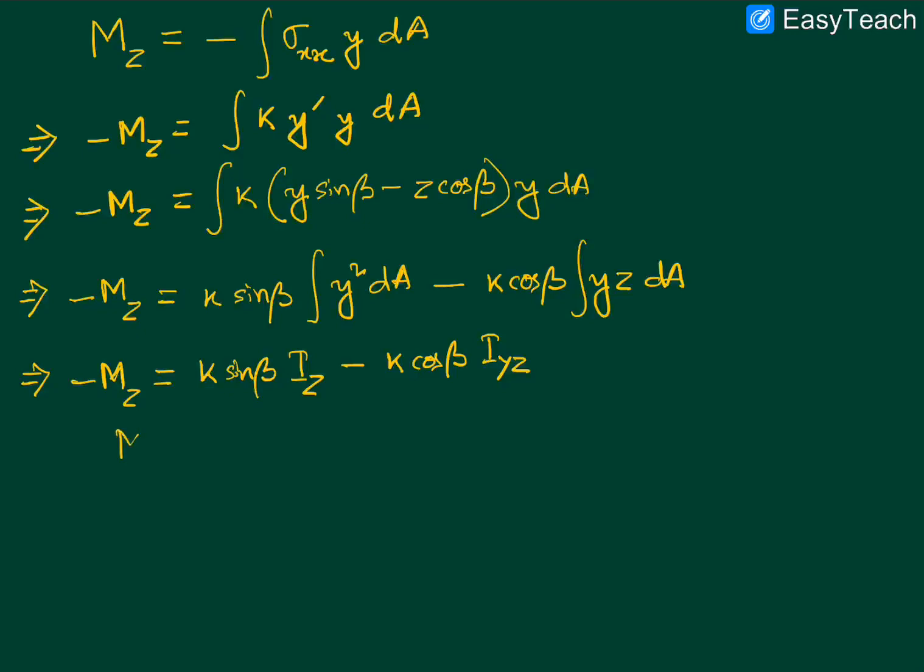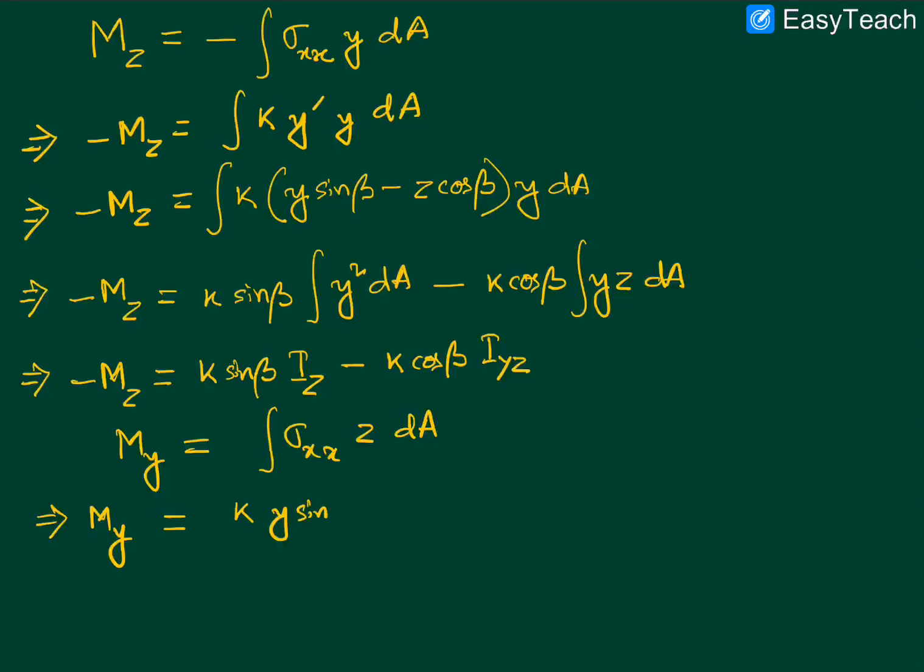Next, for My, we have integration of sigma xx z dA. So just as before, we substitute sigma xx is equal to ky dash. I'm not going to write that again.